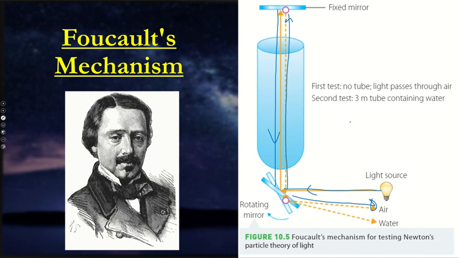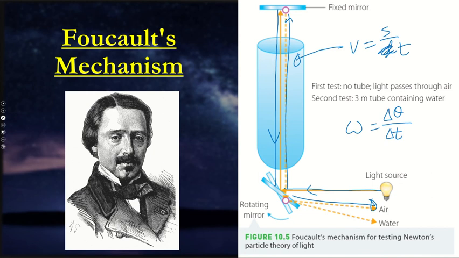So if you recall, what we were looking at was angular velocity equals the change in angular displacement over change in time. Okay, and if you know the distance this particular light has to travel, and the time it took to bounce back to the detector, you should be able to work out the speed of light, because you should know how fast the mirror is rotating.